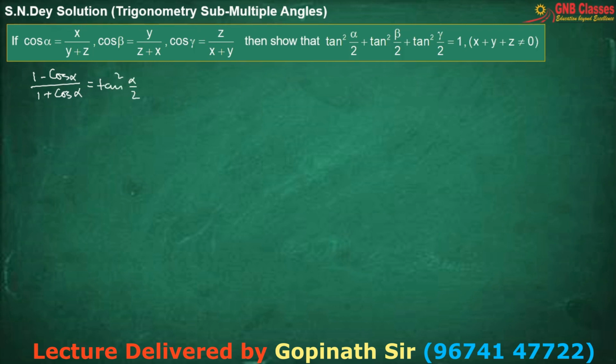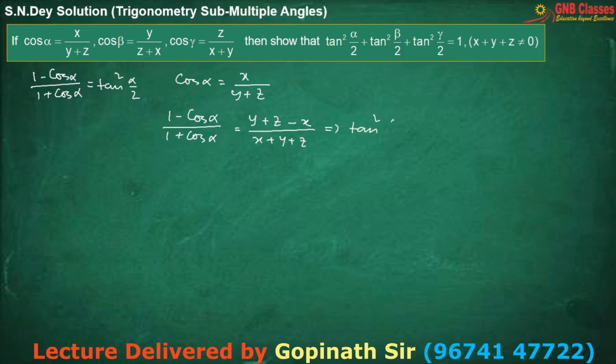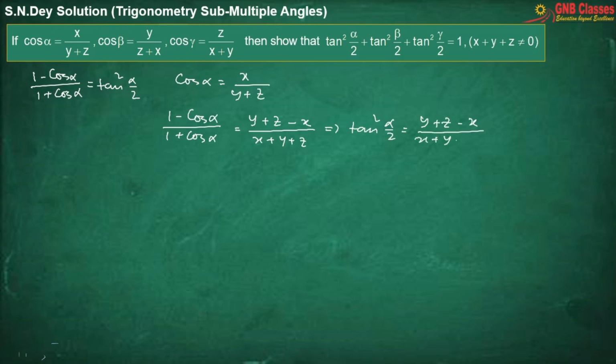Is it clear? Now from the given condition, cos alpha is x by y plus z. So applying componendo and dividendo we get tan square alpha by 2. Is it okay?